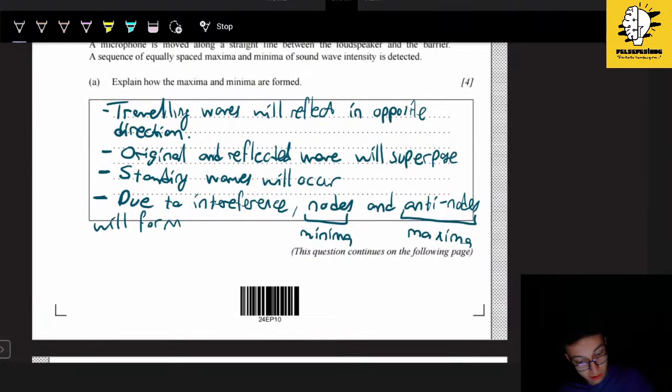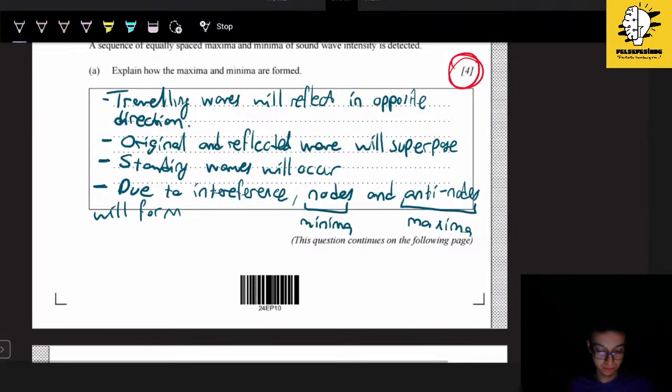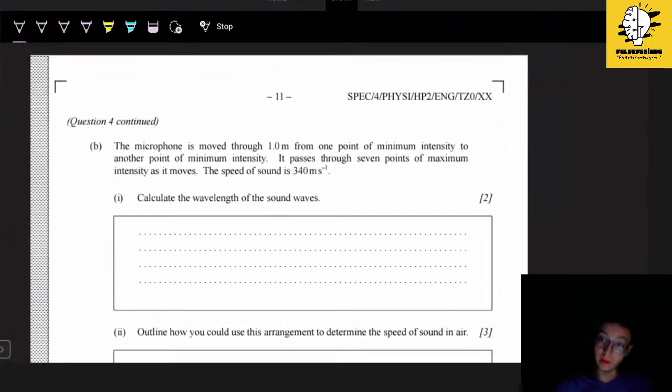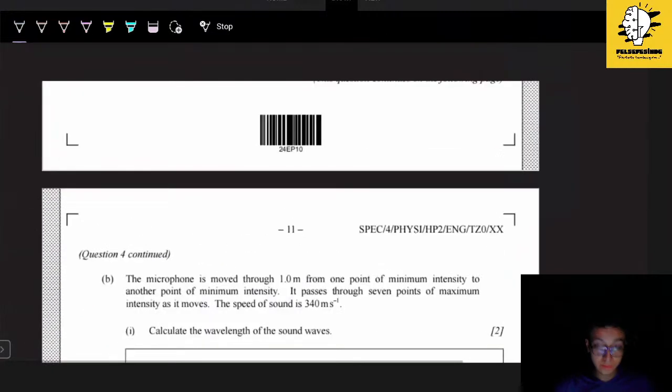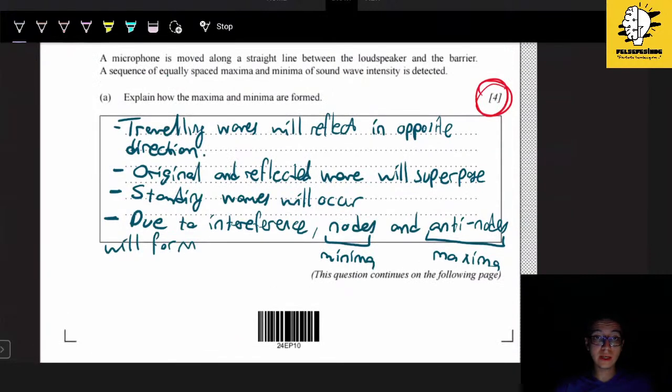And by the way, this seems like an easy question, but it's 4 points. It's not easy. It's very important to write those terms. You cannot assume something in IB. You cannot assume that they know that minima is formed when destructive interference occurs.